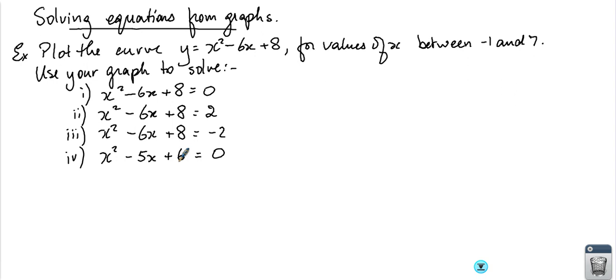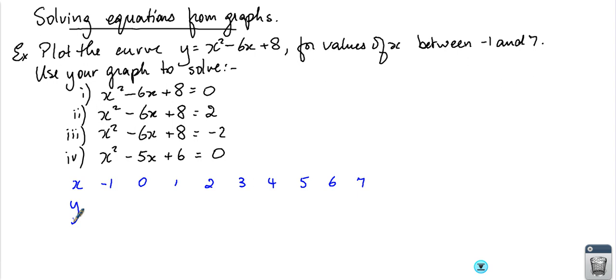We have to start by forming a table for x squared minus 6x plus 8 for values of x between -1 and 7. So I'm going to start with the table, x between -1 and 7. y is going to be equal to x squared minus 6x plus 8; you can use your calculator to form the table.